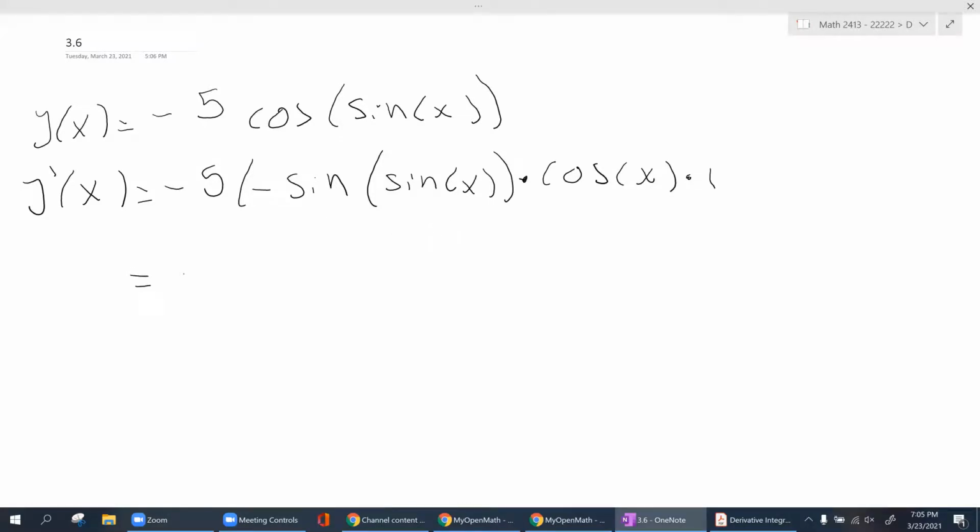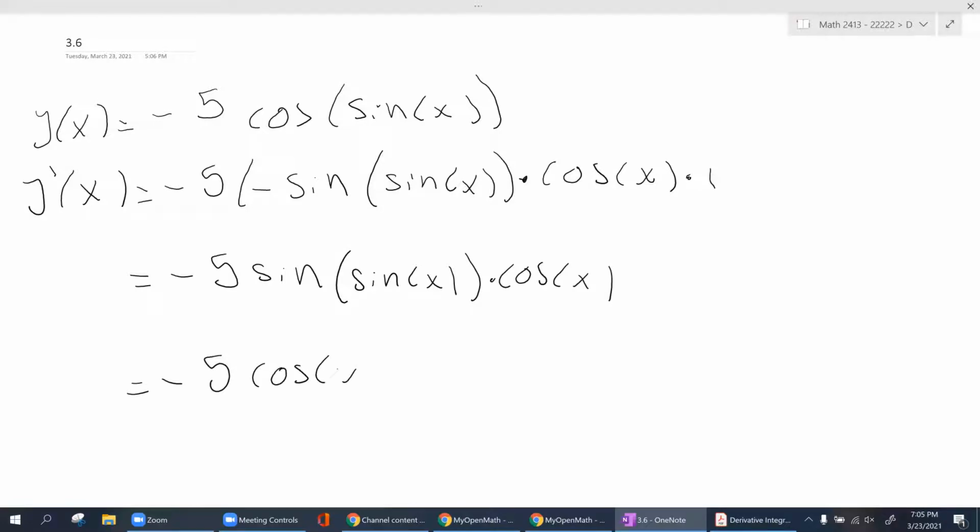So if you were to polish this up, you can have something like negative 5 sine of x times cosine x. Or we'll probably write negative 5 cosine of x times sine of x. I usually like to leave the larger, more complicated ones at the very end, bring everything else a little bit forward.